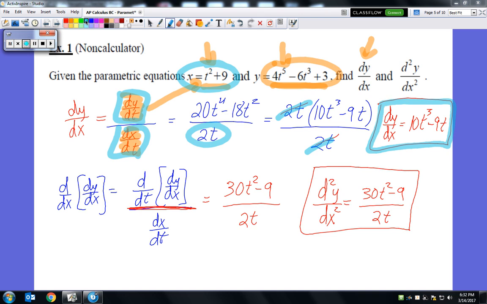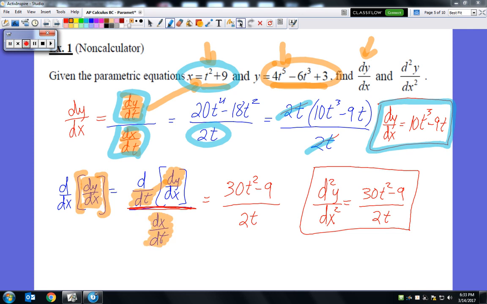Okay, so now let's look at the second derivative. We're taking the derivative of what we just got as an answer, but we're taking it with respect to x. So what that means is, if I were to look at this, and now I'm highlighting, dy/dx is equivalent to dy/dt on top, and then over dx/dt.